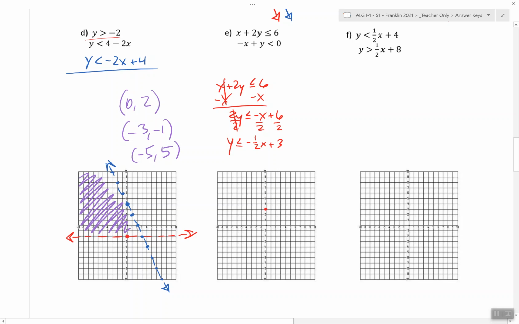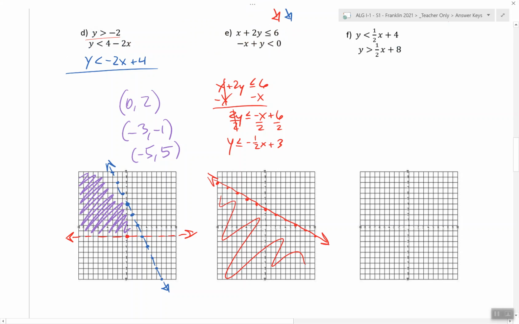Up 3. Slope is negative 1 over 2, so down 1, right 2, or up and left. It gets a solid line because of the equal to bar, and it is shaded below.